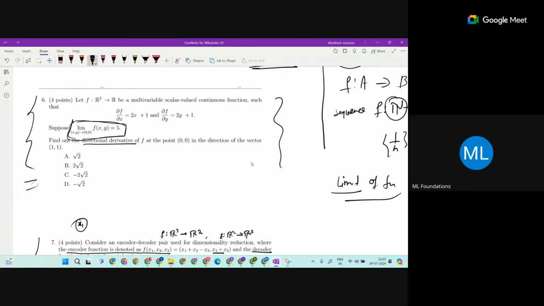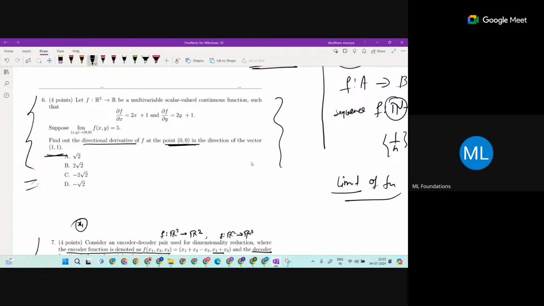So, okay, let me explain. The limit is given because the function value is not given at (0, 0). It is asking the directional derivative at point (0, 0). The point is already given, and the direction is clear, (1, 1). What is the function value there? 5 will be the value at f(1, 1).